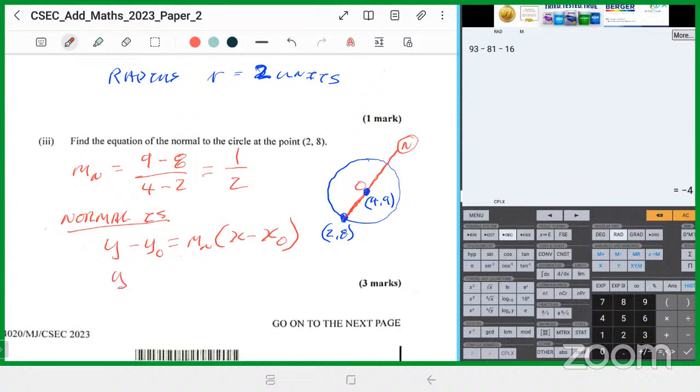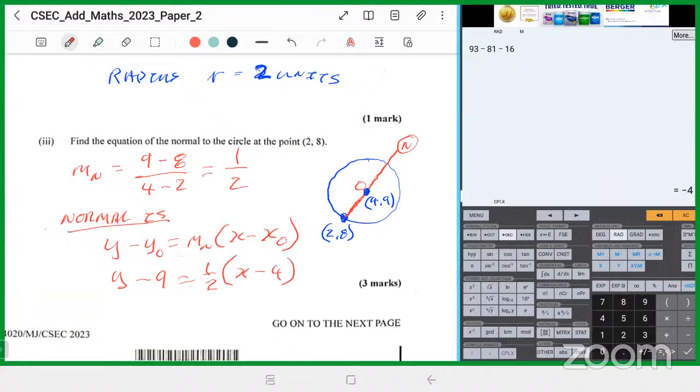And so it's y minus the y value at the center, which is this 9 right there, equals the gradient, which is this half right there, into x minus the x value at the center, which is 4.